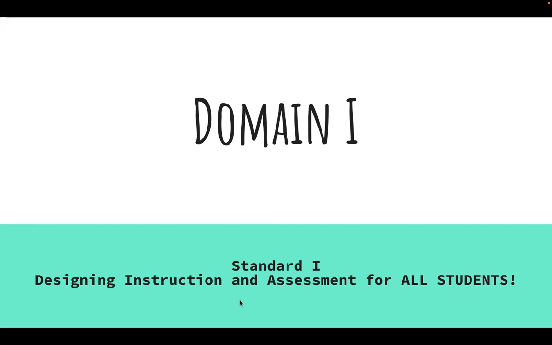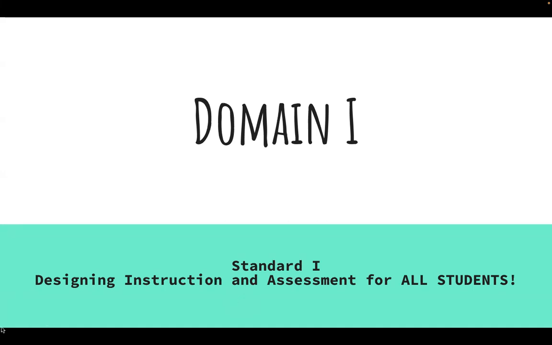And domain one is all about designing instruction, things we take into consideration and must know and apply in order to design instruction and assessment that is developmentally appropriate for all students, that it is appropriate for all students in every way, to their diversity, to their human development, to their language ability, that we're taking particular things into consideration.